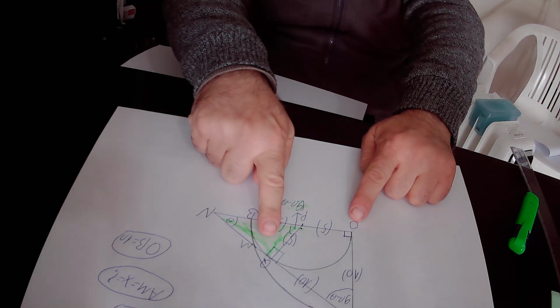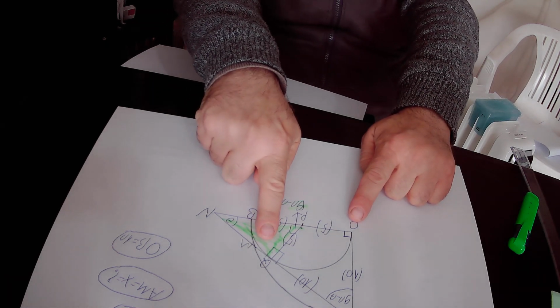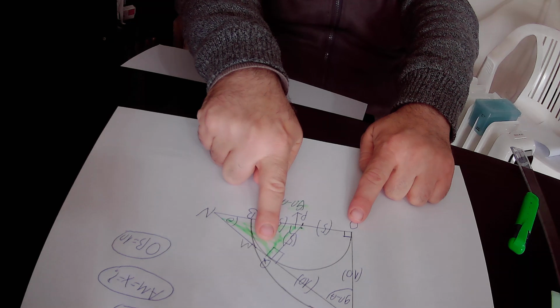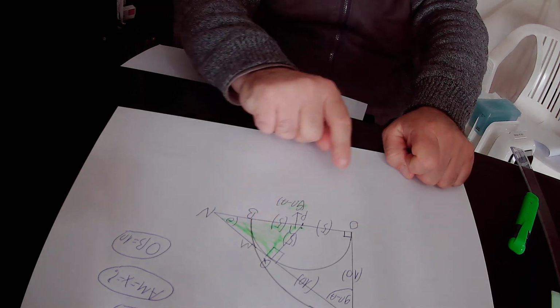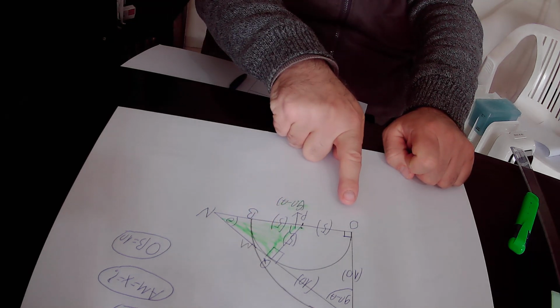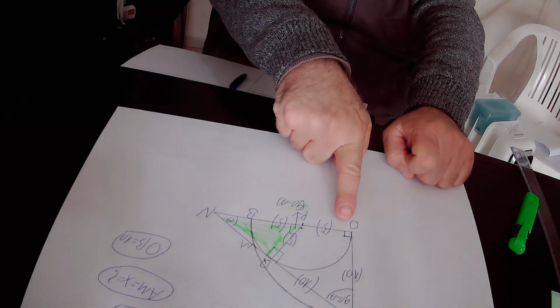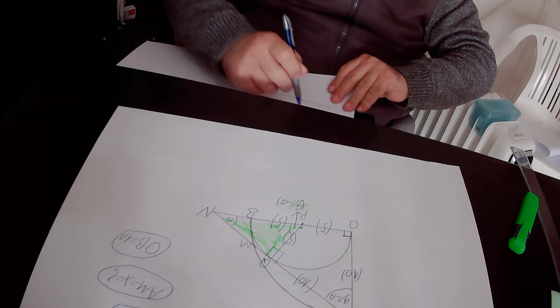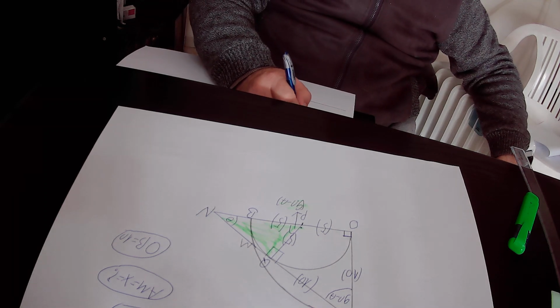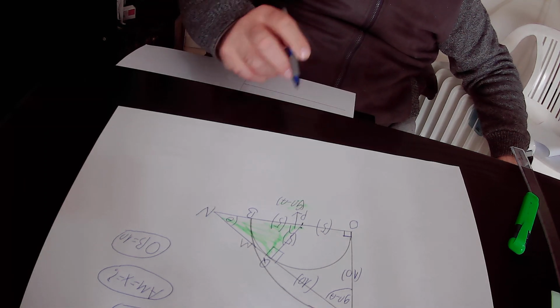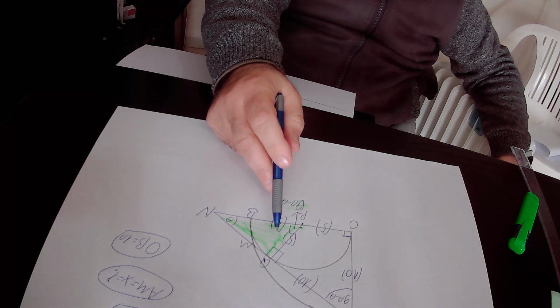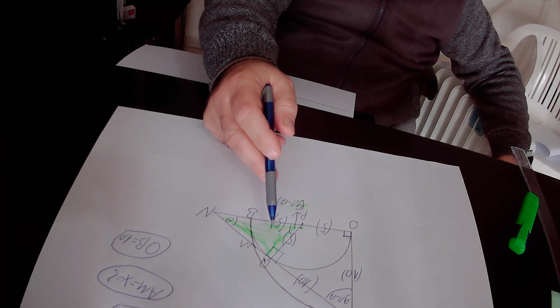First of all, those two angles are both equal to 90 degrees, therefore they are equal to each other. So this is the angle AON in the right triangle AON, and it is equal to this angle in the green triangle, triangle QPN.